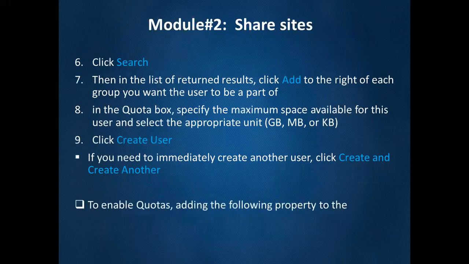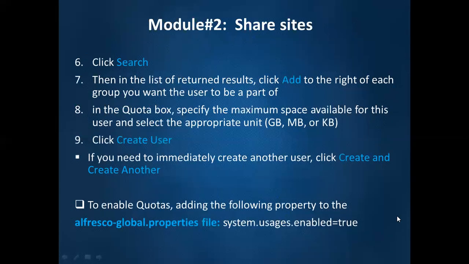To enable a quota, add the following property to the Alfresco global property file. To enable quota means, the first time when you install your Alfresco and you want to create a new user, in the Alfresco global property file, this variable will be false.